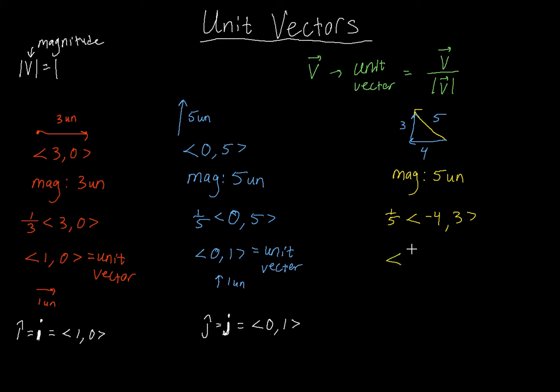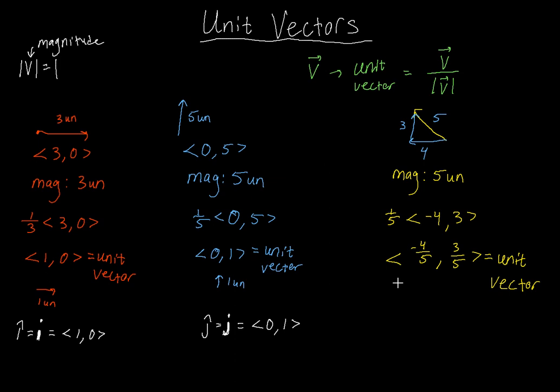So the final unit vector is going to be -4 over 5, comma 3 over 5. And if you don't believe that this is the unit vector, then go ahead and use the Pythagorean theorem to figure out what the magnitude of this vector is. And I guarantee you it should come out to be 1.